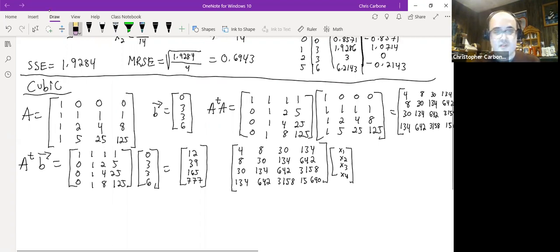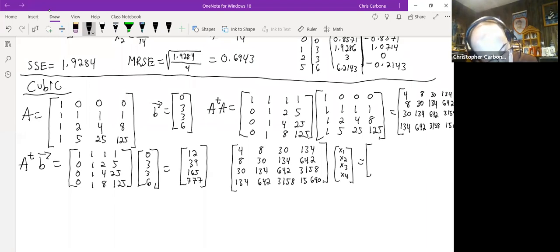And I did not draw those evenly. There we go. And that is going to be equal to the vector that we just got from the matrix A transpose times the vector B. That was 12, 39, 165, and 777.